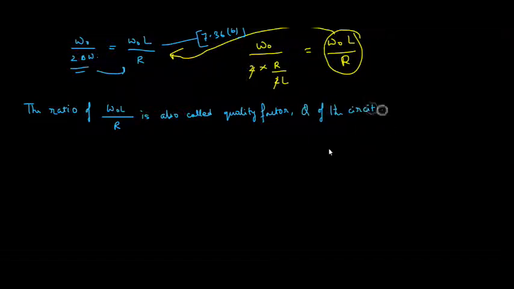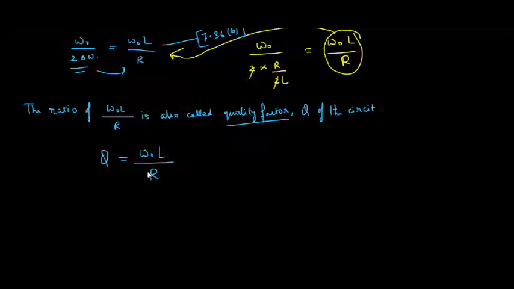These are very important questions. What is quality factor, resonance, etc.? So please pay attention and make a proper note from this video tutorial, and try to practice these derivations to get the full marks.